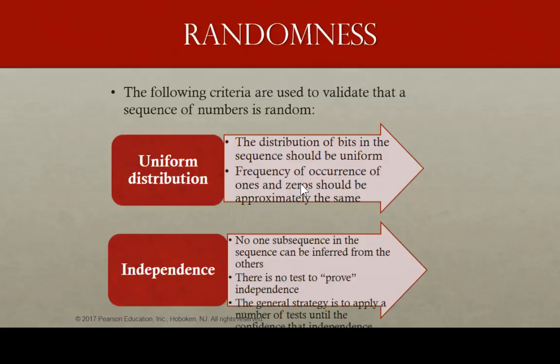Although there are well-defined tests for determining that a sequence of numbers matches a particular distribution, such as the uniform distribution, there is no such test to prove independence. Rather, a number of tests can be applied to demonstrate if a sequence does not exhibit independence. The general strategy is to apply a number of such tests until the confidence that independence exists is sufficiently strong.